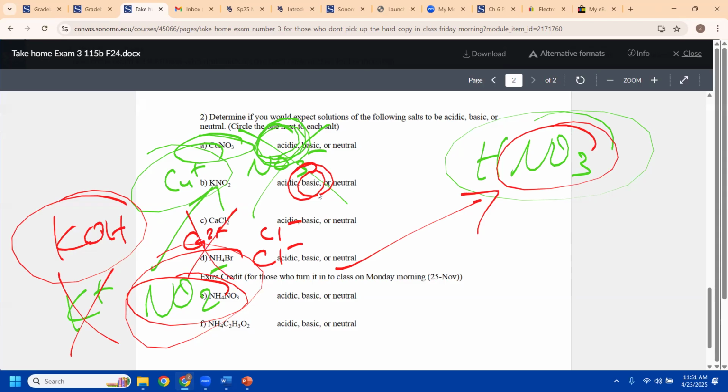Guess again. We eventually get there, right? So they're both pH neutral. So what is it? Acidic, basic, or neutral, Ian? They're both pH neutral. Would it be acidic, basic, or neutral? Neutral. Very good. So that would be neutral.